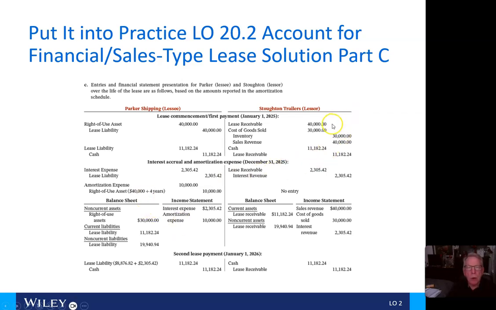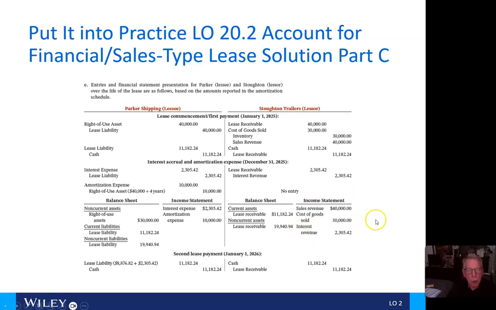Now, Stroughton would have a debit to lease receivable for $40,000, but they would also have a debit to cost of goods sold and a credit to inventory for $30,000 and a credit to sales revenue for $40,000. They would receive the cash for the lease payment and credit lease receivable. Pretty straightforward there. And then they would debit lease receivable for the $22,305.42 of interest and credit interest revenue.